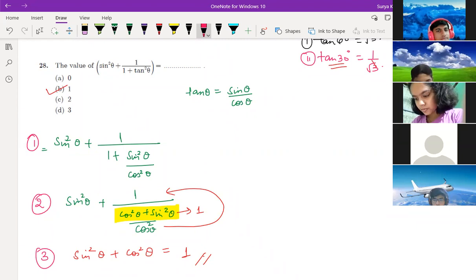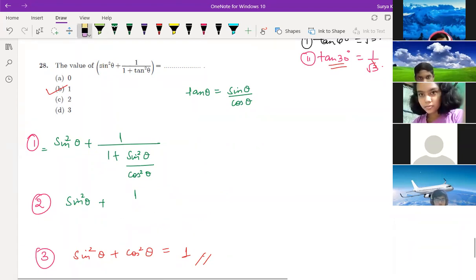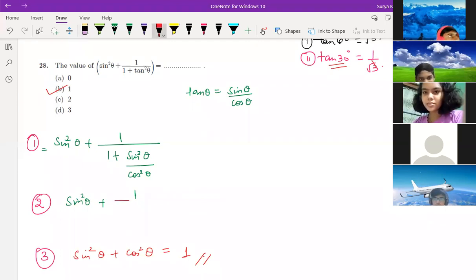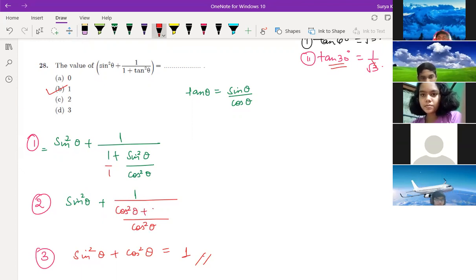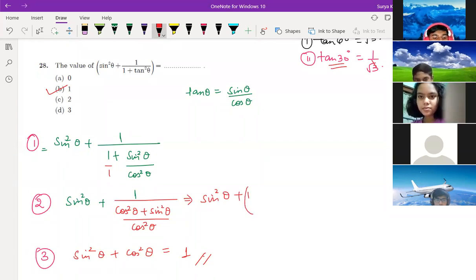The second step is like a 6th standard sum. Why is it so? Because we just took the LCM here, cos square theta. So the numerator part will be, with 1 hidden over here, what can we write, Adarsh? Cos square theta plus sine square theta, right? Yes, sir. Again, one more step I'm adding. Sine square theta plus 1 divided by, if you want to write in multiplication form, what will come, Adarsh?